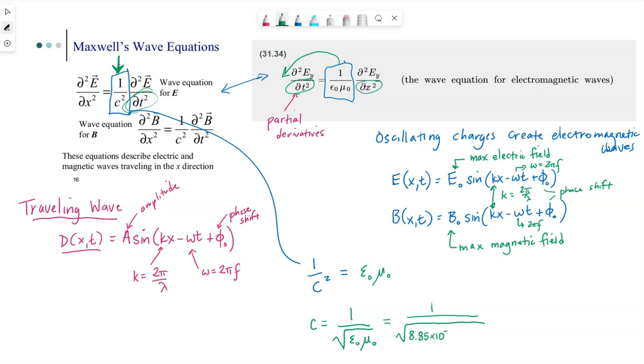So just to show this, epsilon naught, 8.85 times 10 to the negative 12, times mu naught, when I plug this in, I get lots of numbers.